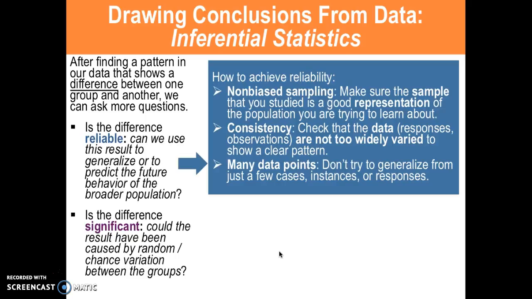We're going to have consistency. We're going to check that the data has been collected in a very clear and concise manner. And we're going to make sure that we have many data points. If you are talking about the population of Wheaton and you only survey 10 students, do you think that is really going to be a reliable survey?